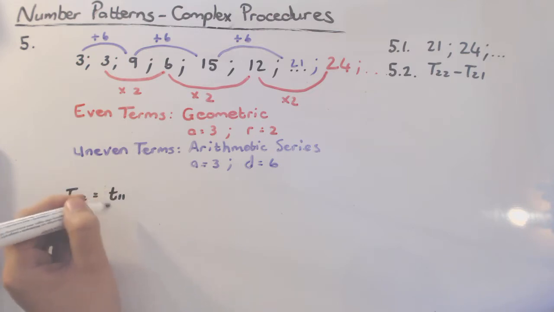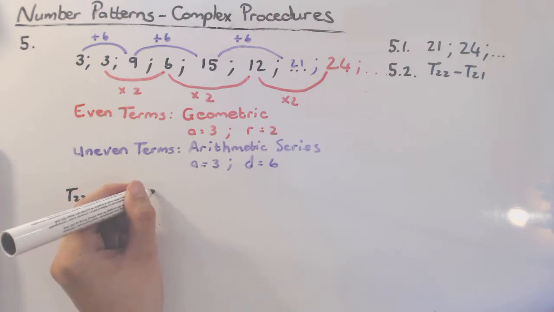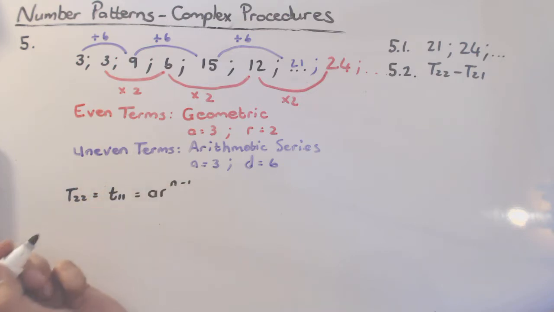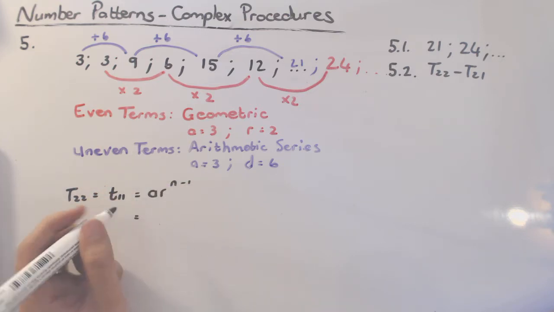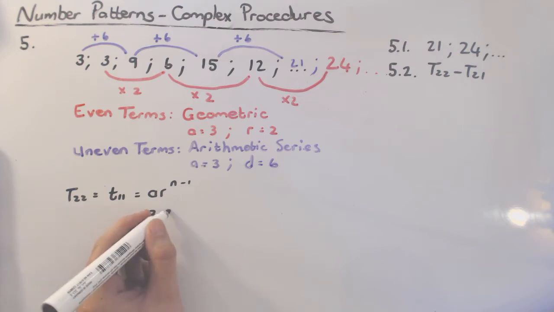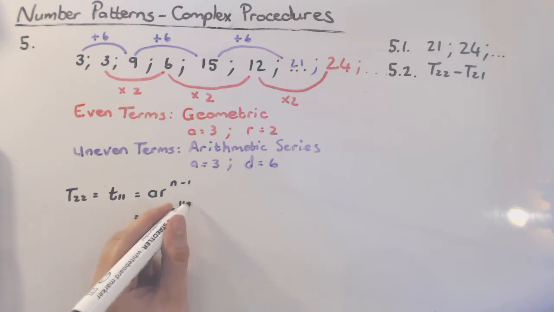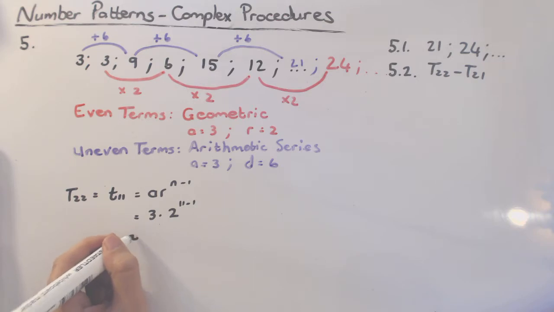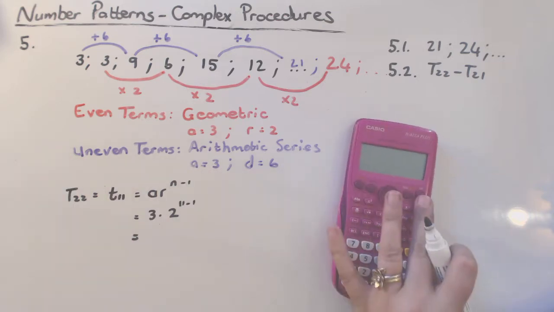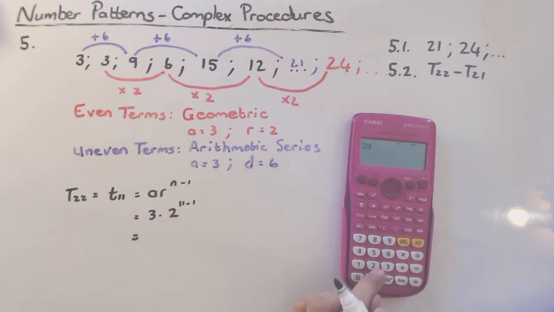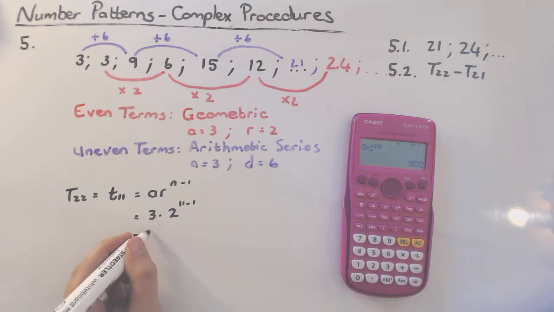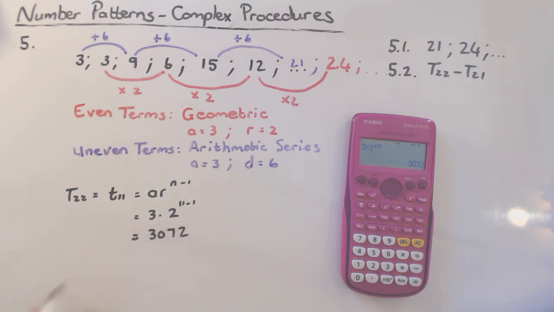It will actually be the 11th term in the geometric series a r to the power of n minus 1 with a 3, r 2, and 11 minus 1 like that. So that is 3 times 2 to the power of 10, which is 3072.